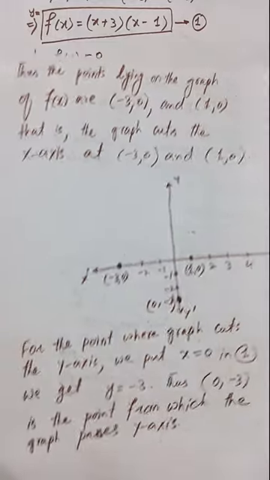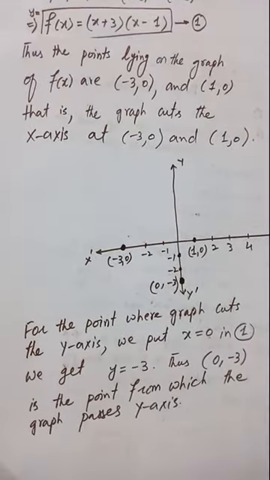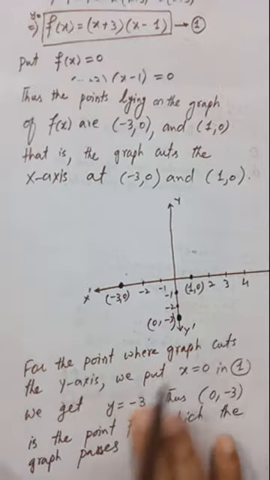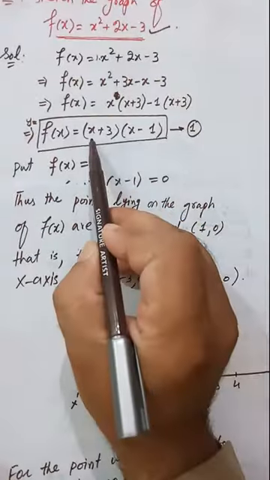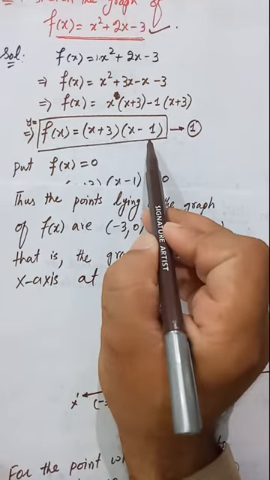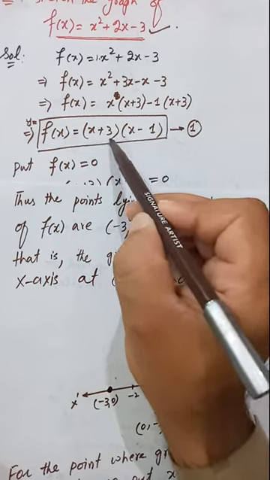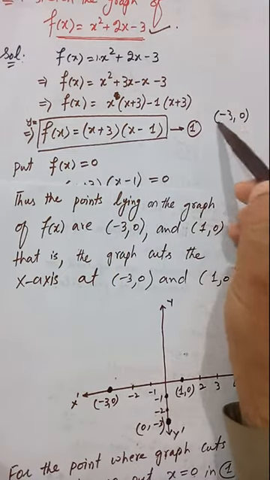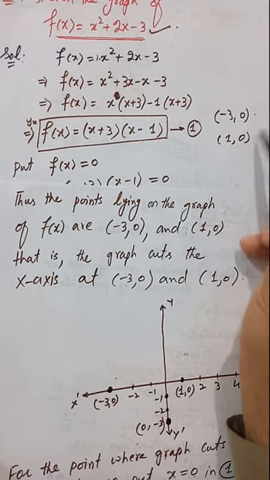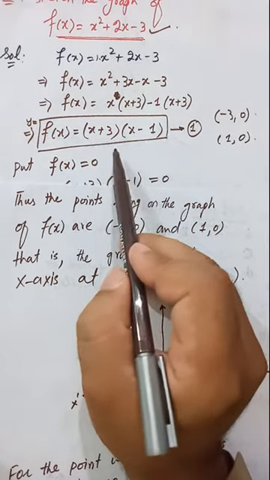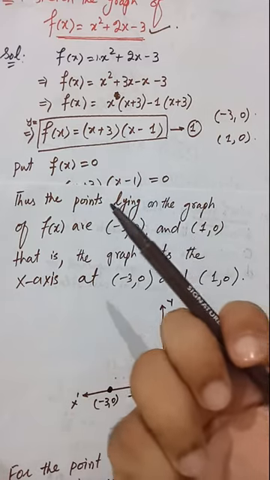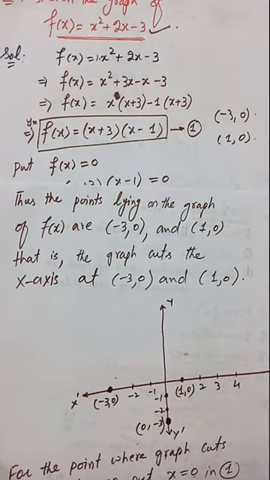So in this method, when I convert the given quadratic function into the factorized form, you see that the factorized form is (x plus 3)(x minus 1). So you see that -3, 0 and 1, 0 are the x-intercepts. So from the factorization you can easily get the x-intercepts, the points at which the graph cuts the x-axis.